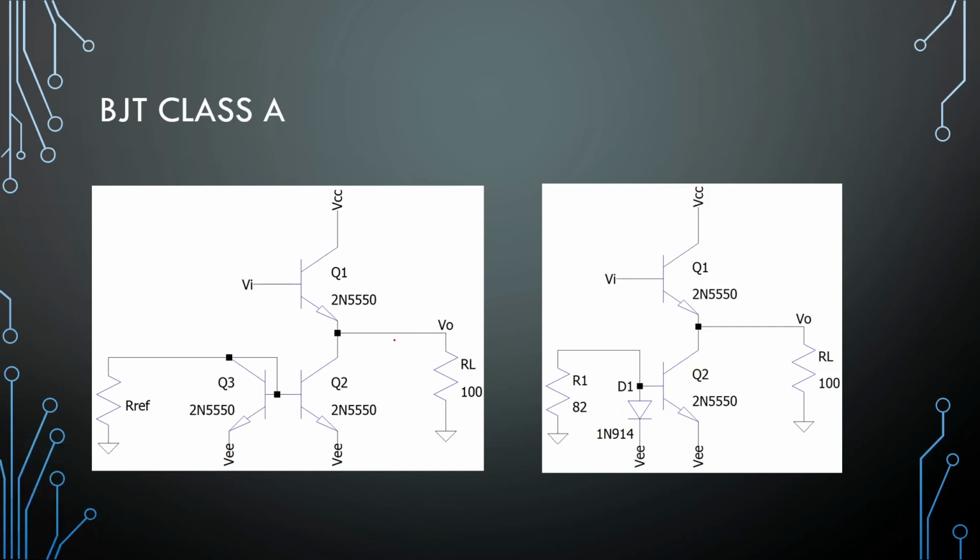Right, so how this amplifier works is on a positive half of input here, current will be supplied through our driving transistor right here. On the negative half, this transistor will kind of switch off and current will flow through the current source.